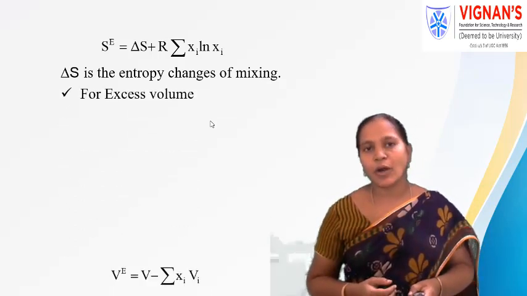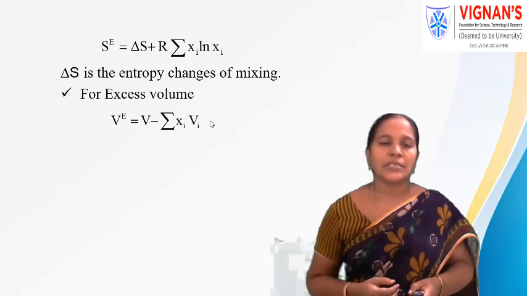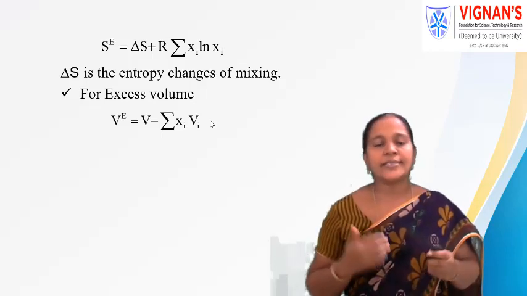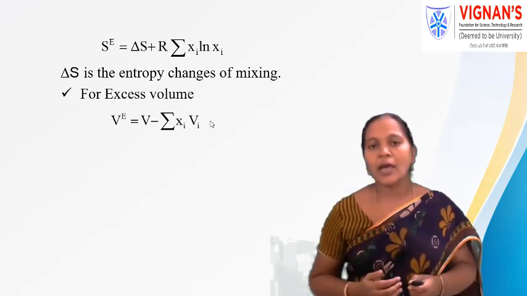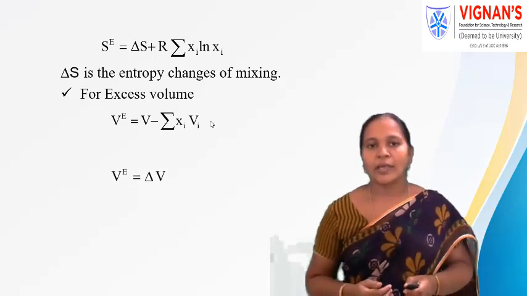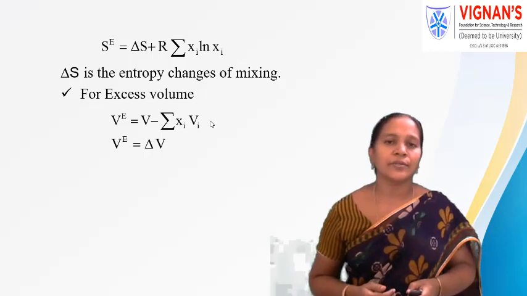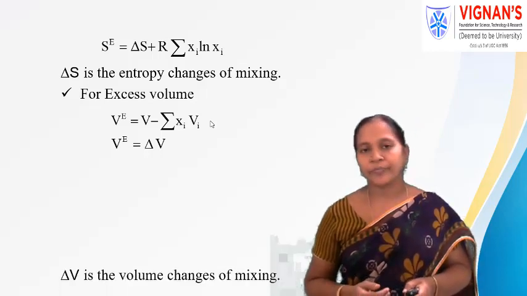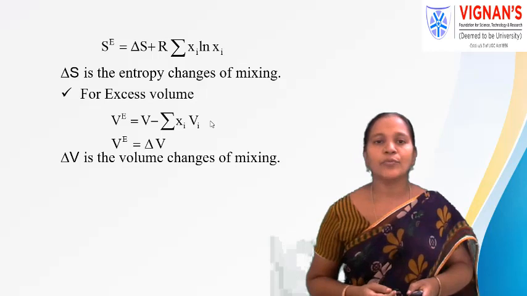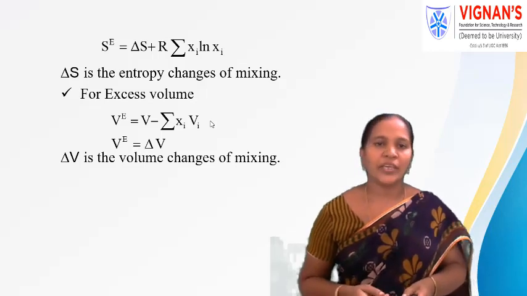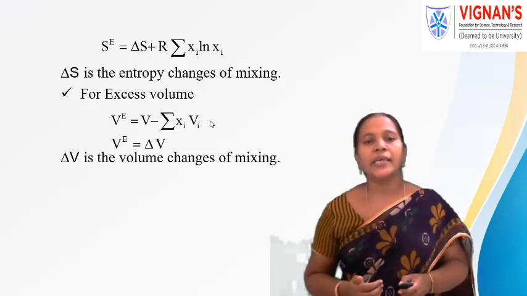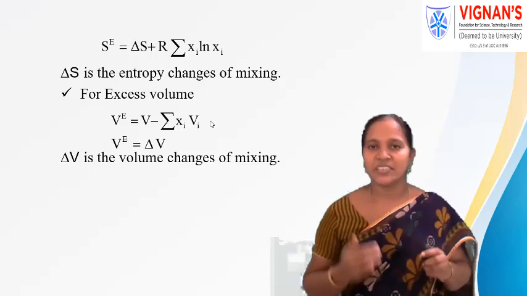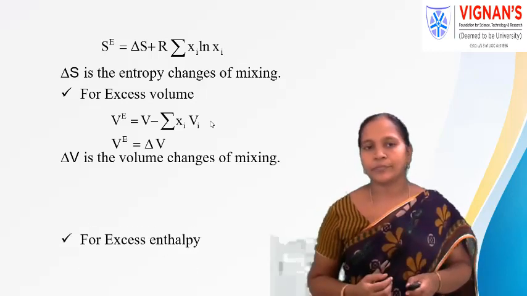For excess volume, which is represented by VE is equal to V minus sigma xi Vi. Therefore, VE is equal to delta V. Delta V is equal to V minus sigma xi Vi, which comes from property change of mixing. Here delta V is the volume change of mixing.